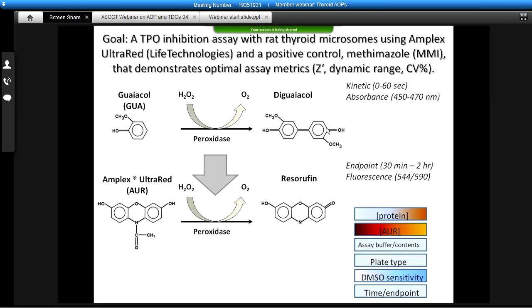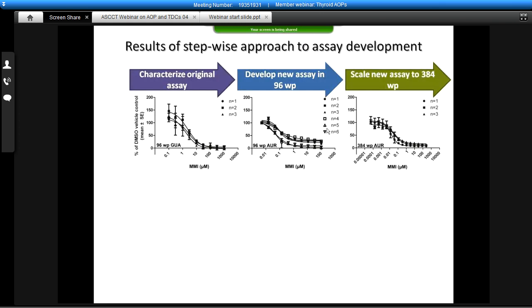I've varied protein concentration, Amplex Ultra Red concentration, the assay buffer and its contents, the plate type to include black-walled, white-walled, clear bottom, clear plate. I've characterized DMSO sensitivity, and I've also looked at reading this assay over time.